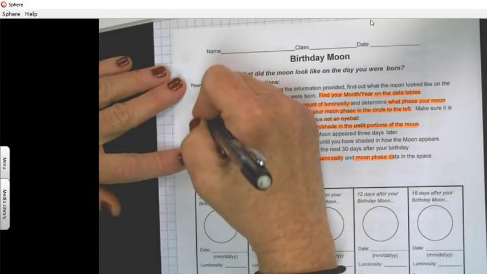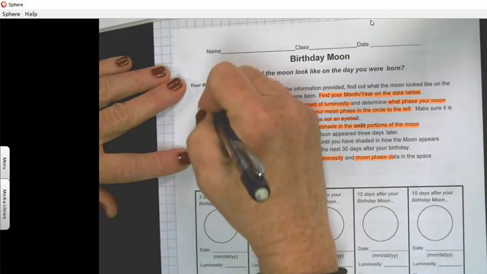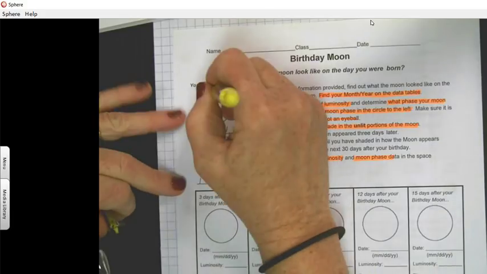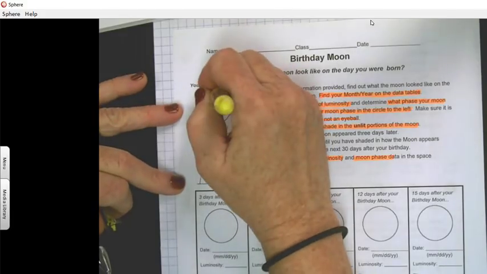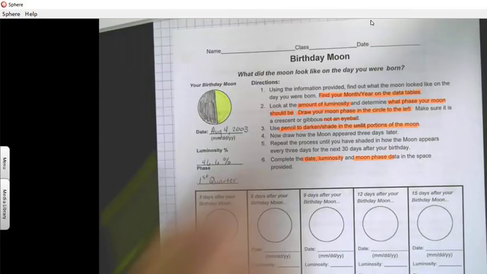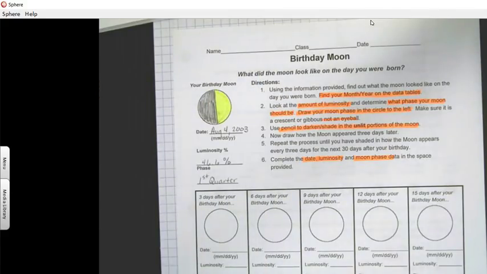You can do it with your pencil or you can do it with a marker. Just make sure that you don't make too much of a mistake. And then I'm going to go back in and use my highlighter, and I'm going to shade in this. So here is my moon phase for August 4th.